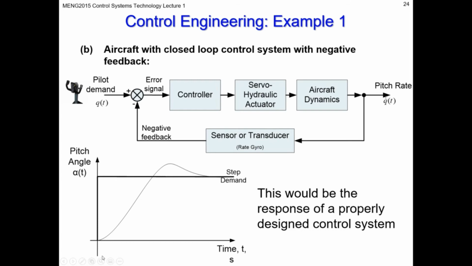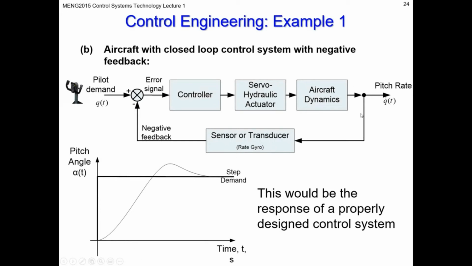So this shows what the potential response would be of a nicely designed control system. This is the pilot's input, this solid black line. He gives a step input, kind of a bit aggressive. This pilot just moves instantaneously from, let's say, position 0 to position 1.